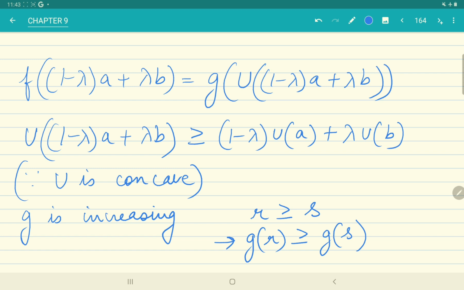Now I know that g is defined in an interval that contains the range of u. So now if I apply g to this inequality, this sign will not be reversed.